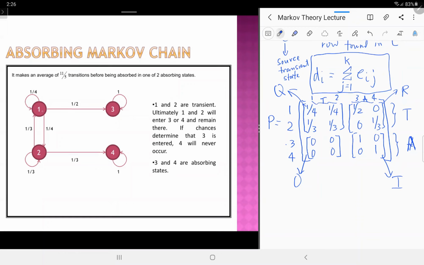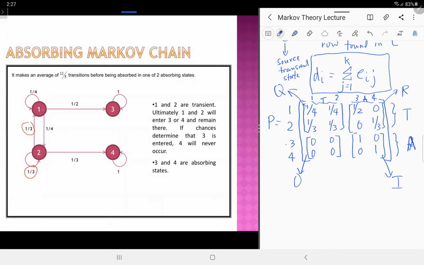There's also a chance that transient state 1 will move to transient state 2 with a 1/4 probability. Then transient state 2 will move to transient state 1 with a 1/3 probability, and it will return to itself with a 1/3 probability. So the diagram on the left side is clear.